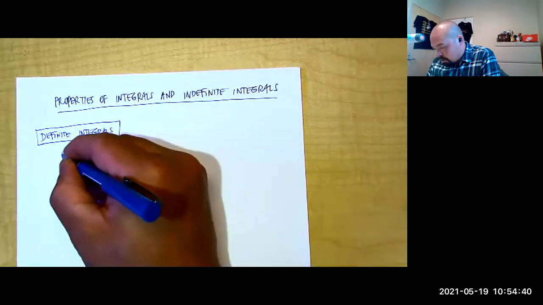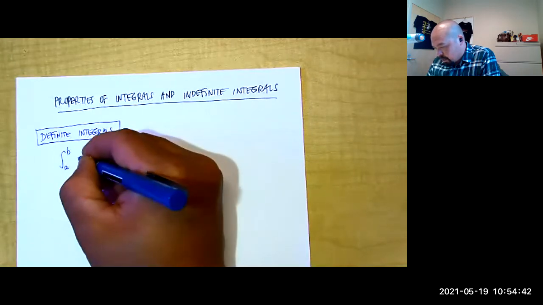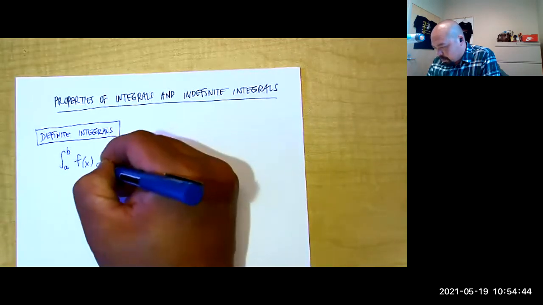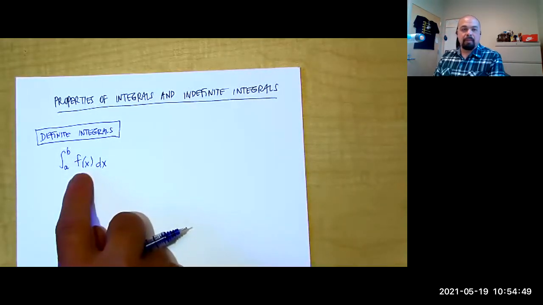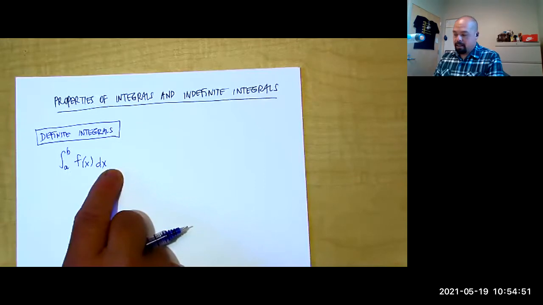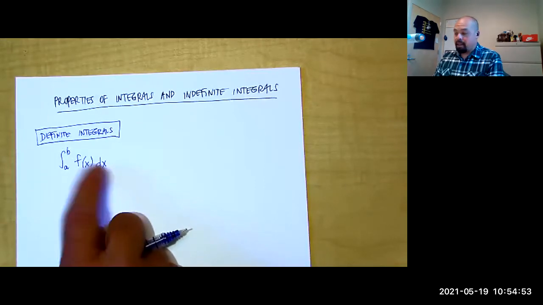right? The integral from a to b of some function f of x dx, whatever variable we're depending on. I'll probably have f of t dt, f of theta d theta, right? That variable and this integrating factor, I call it dx, should match.